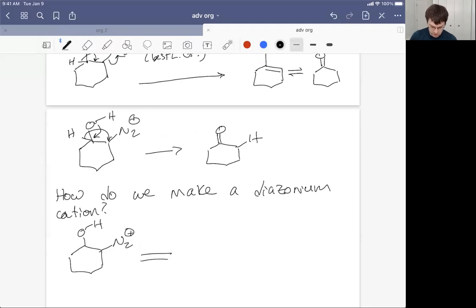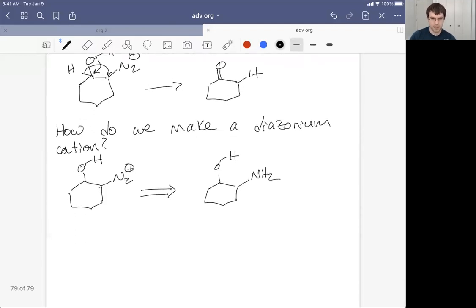Well, I'm going to draw a retrosynthesis arrow to go back to an amine. An amine. Now, it turns out that what we can do is we can take an amine and react it under acidic conditions with sodium nitrite.